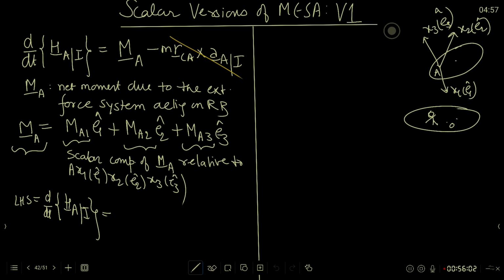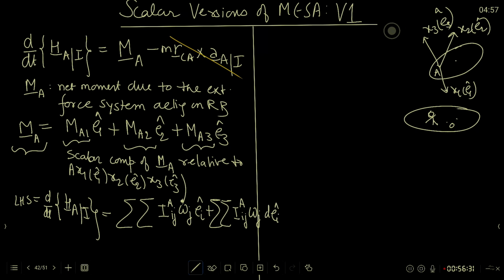So this has the first double summation I_AIJ ω_j dot e_i, plus another summation with I_AIJ ω_j de_i/dt. You can go back and check I have copied things properly.